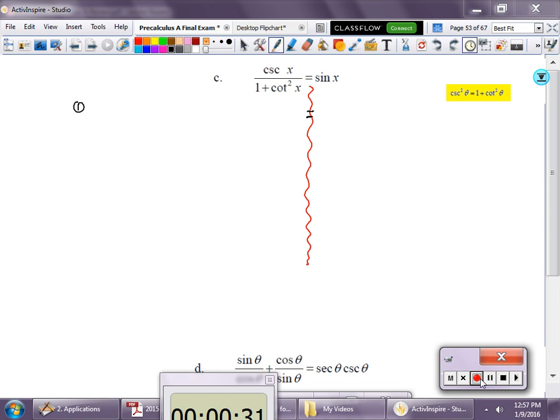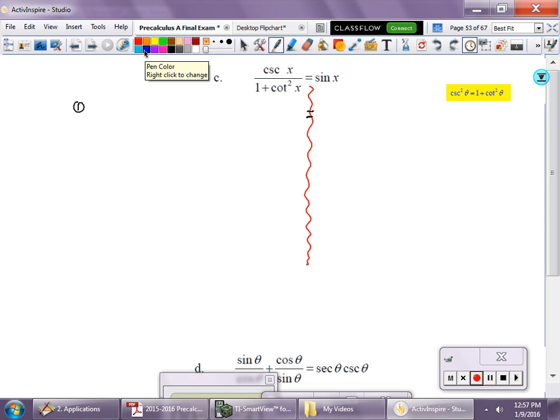Okay, so I took a snapshot of the Pythagorean identity, and you should see here, we can use this. This is the exact replica of the bottom. Now, because of that, I'm going to leave this in terms of cosecant. Normally, I would go back to sine and cosine, which you could do, but we'll probably do that later.